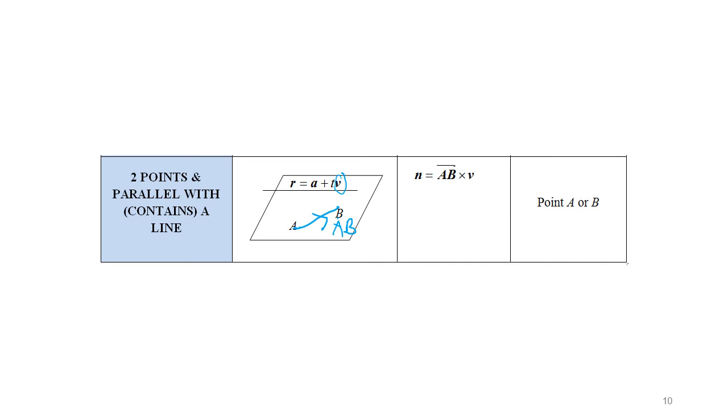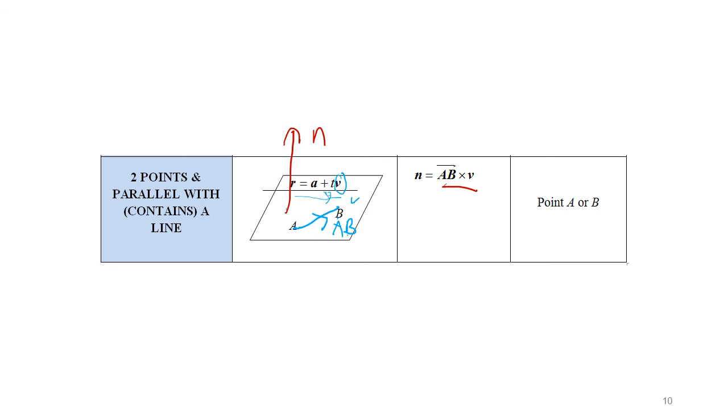So we can take V as another vector here. When we cross product this V with our other vector AB, then we can find our vector perpendicular to the plane, that is N. So N would be the cross product between vector AB and the V from the line.